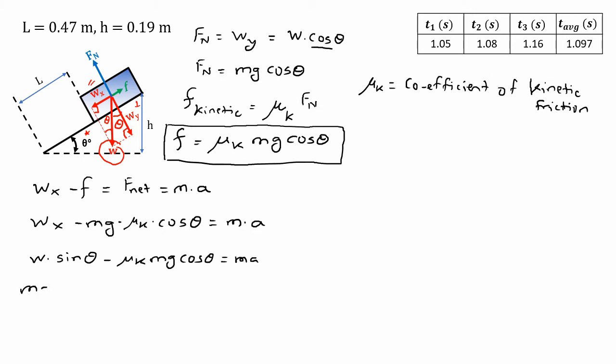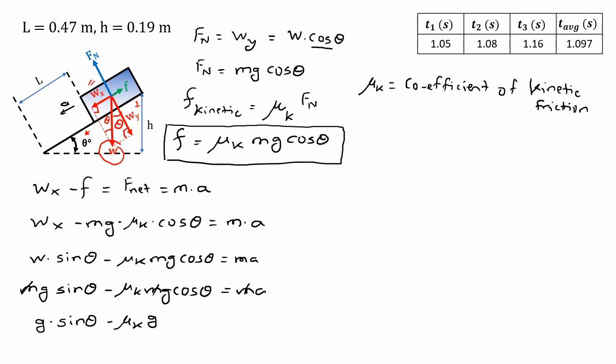Again, W is mg, so mg sine theta minus mu k mg cosine theta. And since the mass is there in each term, we can cancel it out, and we get the equation for the acceleration. So acceleration, which is down the incline, is g times sine theta minus mu k g cosine theta equals a.